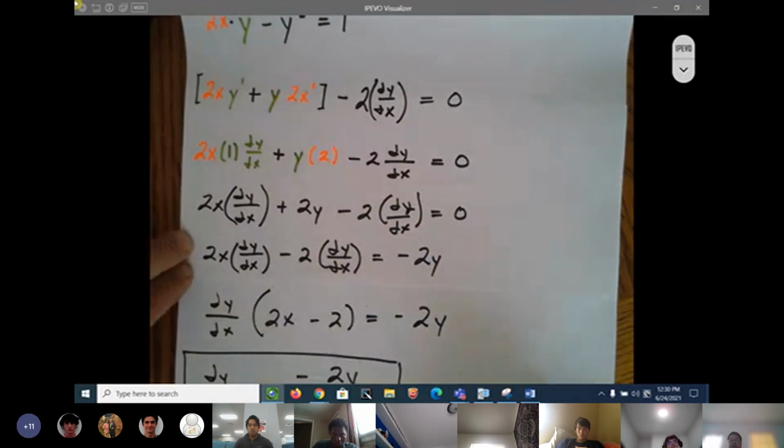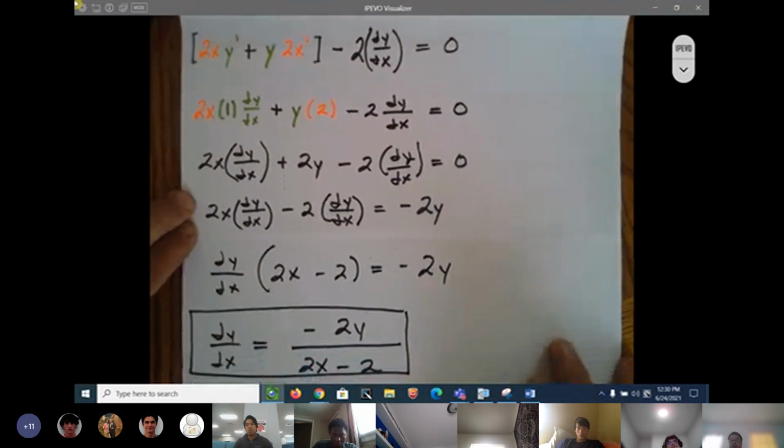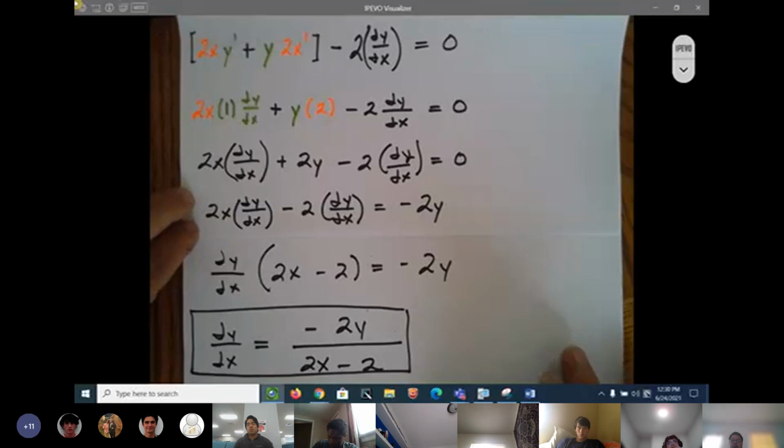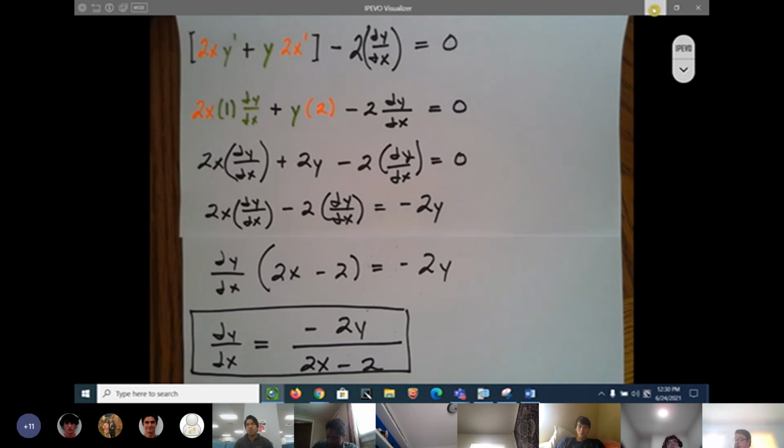I'm sorry, I'm trying to get everything on the page. All righty. So let's see what negative 2y over 2x minus 2 does for the answer.